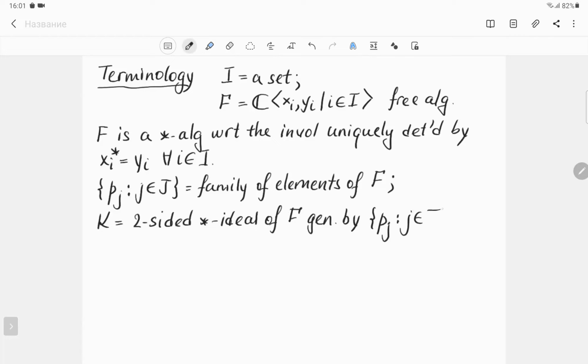Of course, I mean generated as a star ideal. That is, this is the smallest two-sided star ideal of F which contains all the elements Pj.